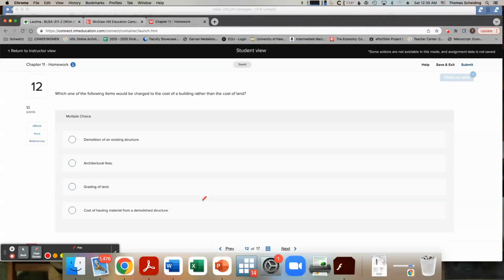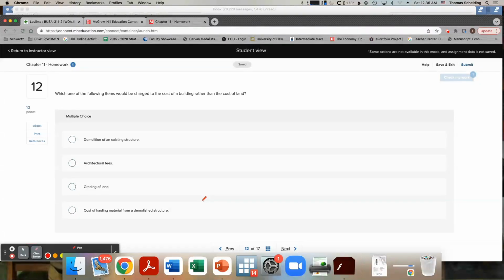Which of the following would be a cost of a building rather than the cost on land? So this is the opposite of what we looked at already. Okay.